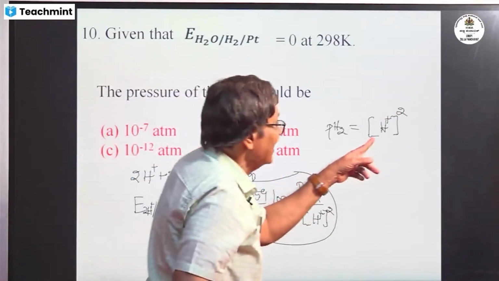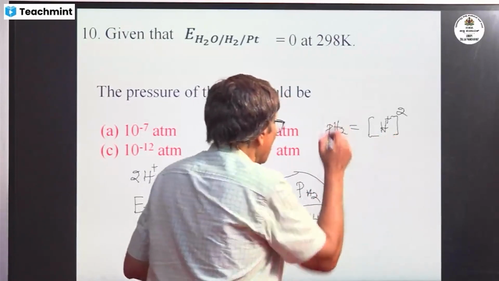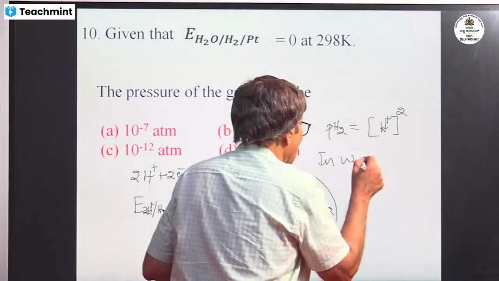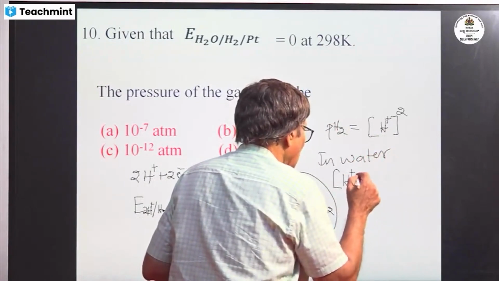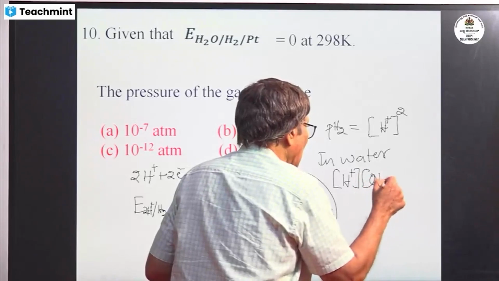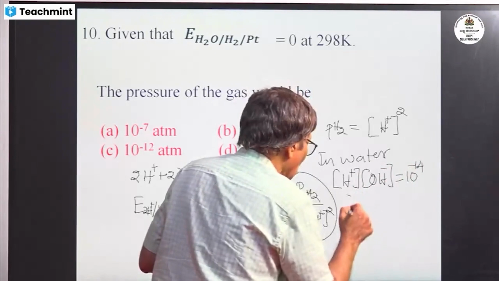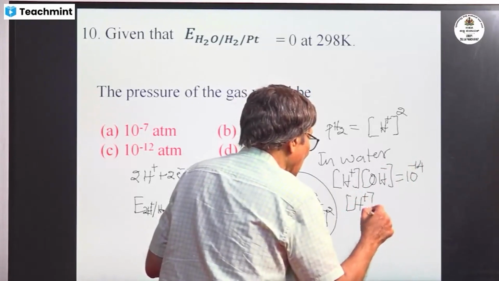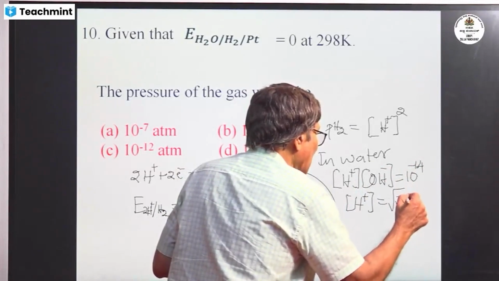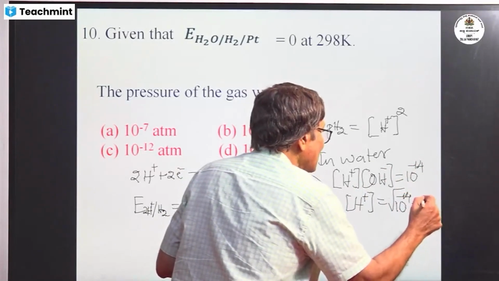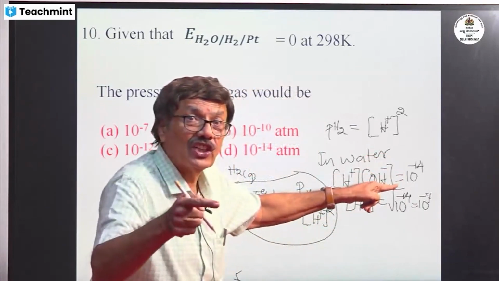Now what does this say? Hydrogen ion concentration in water: you know the ionic product of water, hydrogen ion into hydroxide ion, is 10 to the power minus 14. So hydrogen ion concentration is the root of 10 to the power minus 14, that is 10 to the power minus 7. This is the concentration of hydrogen ion in pure water.